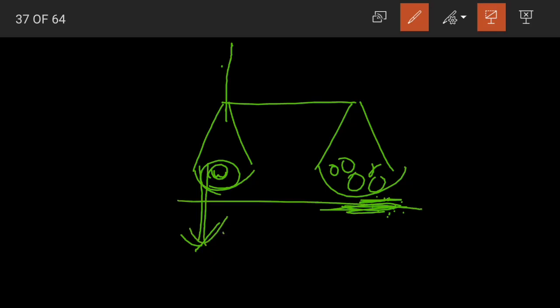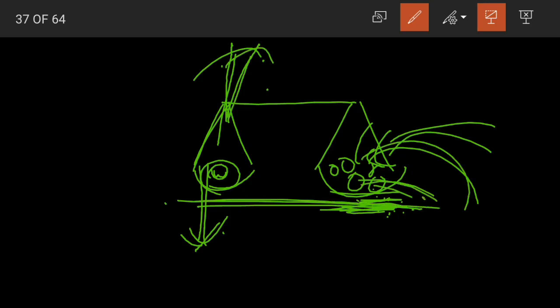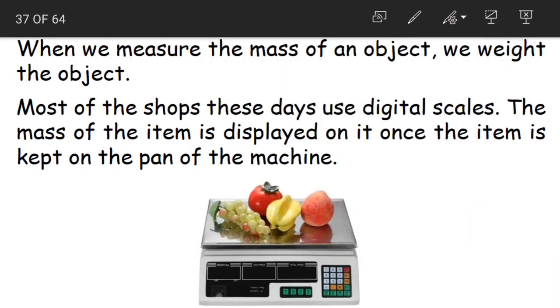If it goes down, then you have to add a few more objects or a few more apples to get the weight balanced. Now if this side of the pan goes up, then we have to remove some apples from the other plate so that the weight balances. So when we are using balances, it is a little bit difficult.